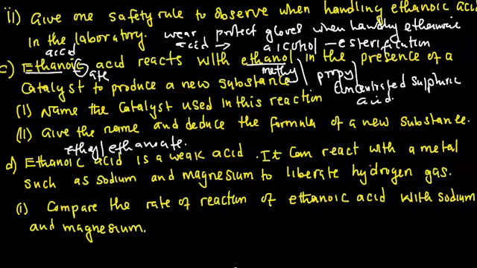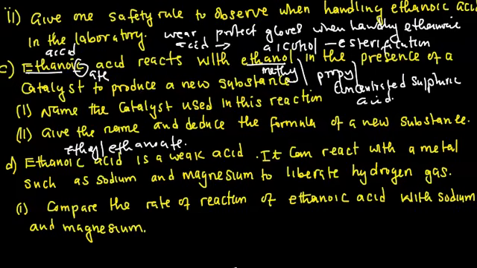Then compare the rate of reaction of ethanoic acid with sodium and magnesium. The rate of reaction will be faster in sodium compared to magnesium. And what is the reason behind that? If you look at the reactivity series, sodium is on top in terms of the series. It's most reactive compared to magnesium, and therefore it reacts faster.